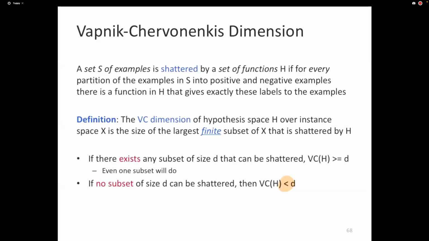For linear classifiers in 2 dimensions, there's at least one set of 3 points that can be shattered, points lying on a triangle. No set of 4 points can be shattered. So the VC dimension is 3.